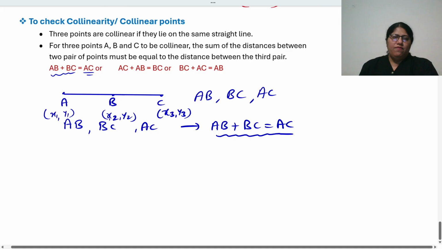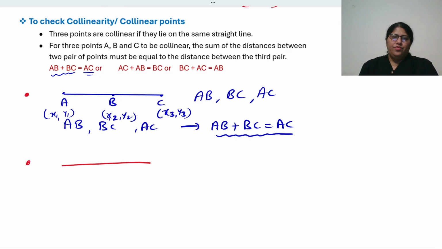So this is your first case. What can be the second case here? They will just give you the three coordinates, they will not tell you in which order. So can I have A in the middle, C here, and B here? Now as per this, BC is the total length.